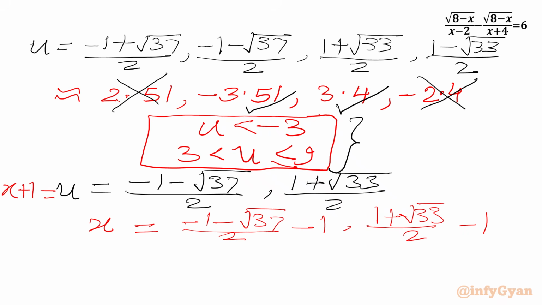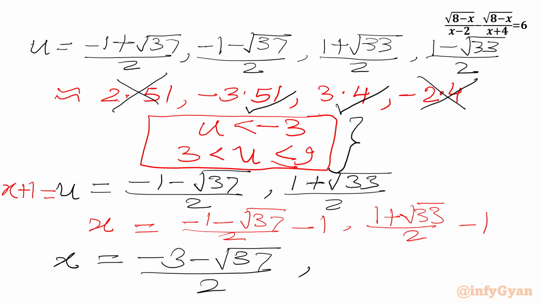So we are going to get only two real values of x. x will be equal to minus 1 minus 2, minus 3, so minus 3 minus square root 37 over 2, and 1 minus 2, so minus 1 plus square root 33 over 2.